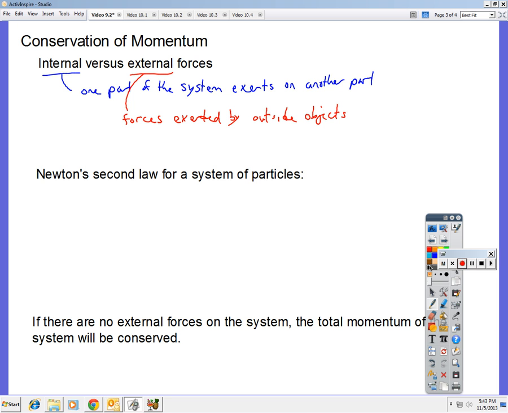So let's say that we have a particle or a system of n particles. You have m1, m2, m3, and so on. Now they may all exert forces on each other. And so if we look at the net force on the system, that's going to be the net force on particle 1 plus the net force on particle 2 plus the net force on particle 3, and so on.